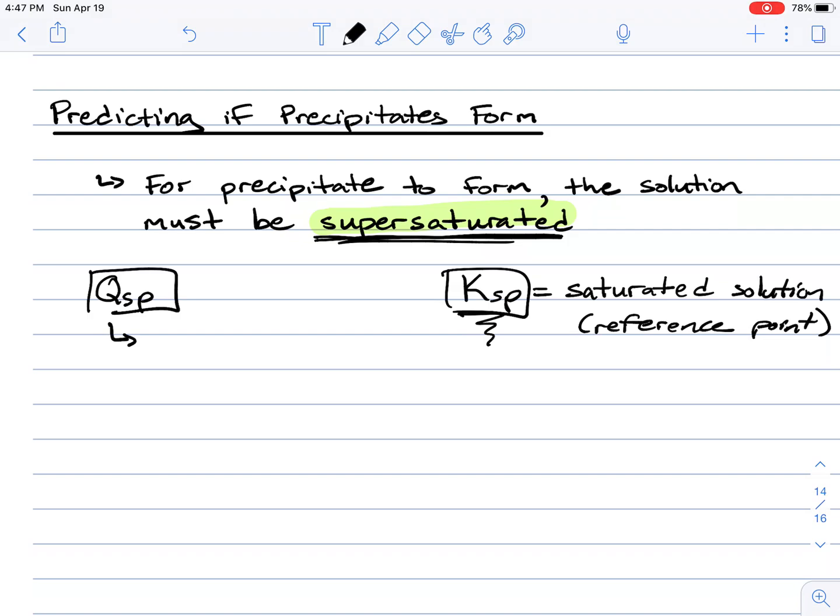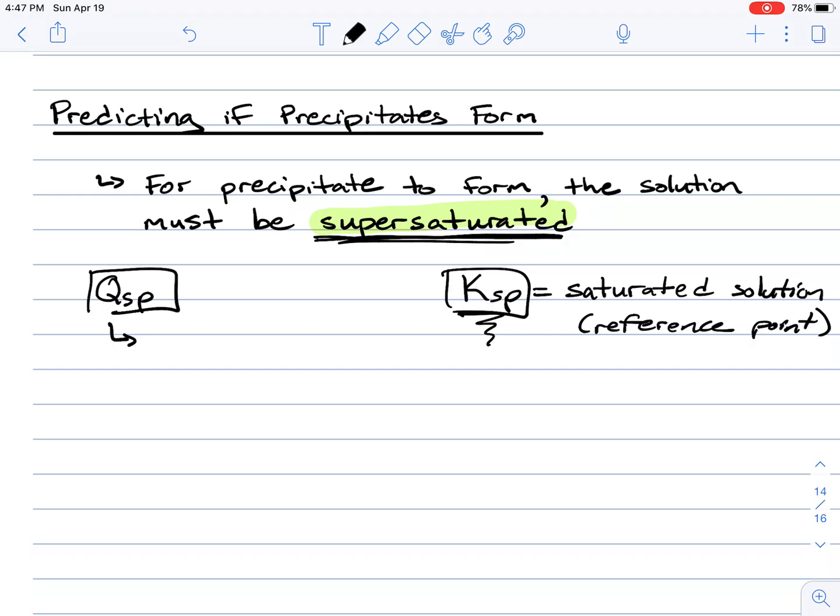Much like the equilibrium chapter that we discussed a few chapters ago, this idea of Q represents the relative ratio of reactants and products at any point in time.